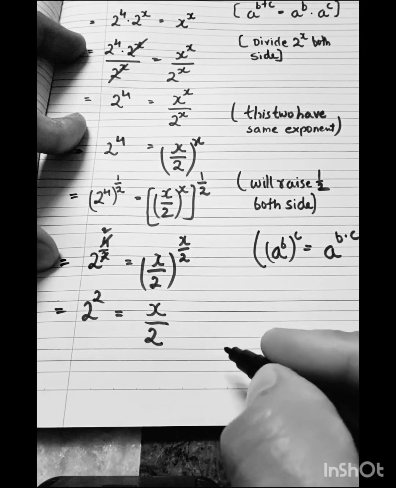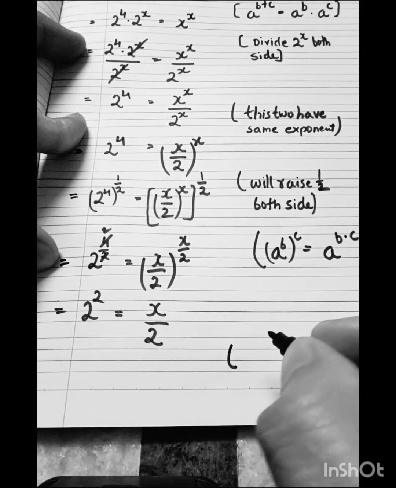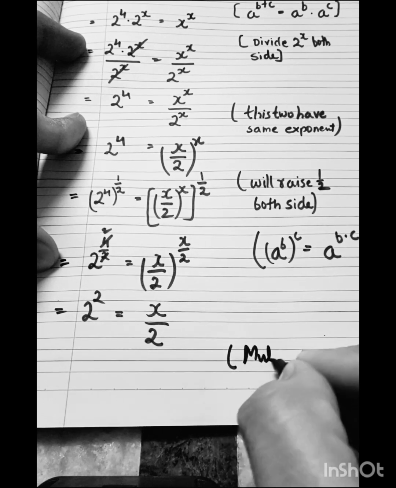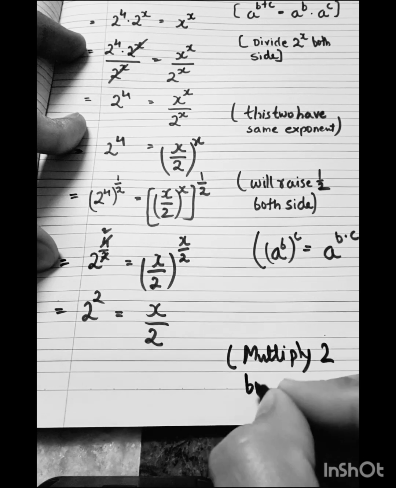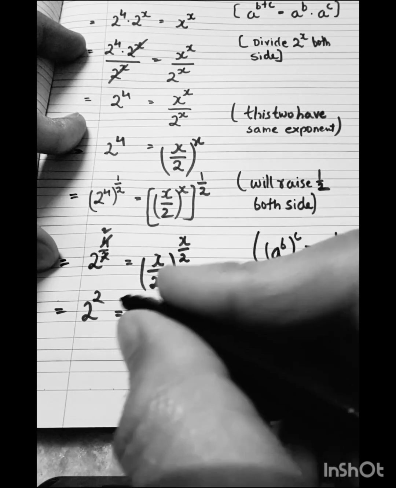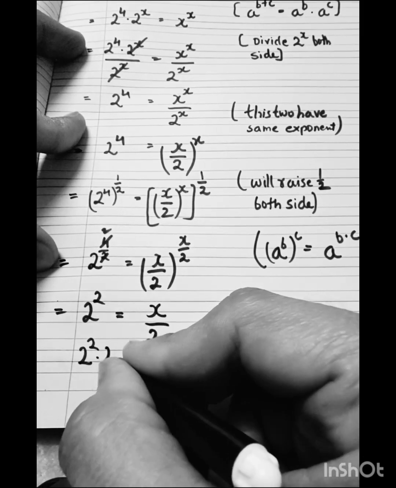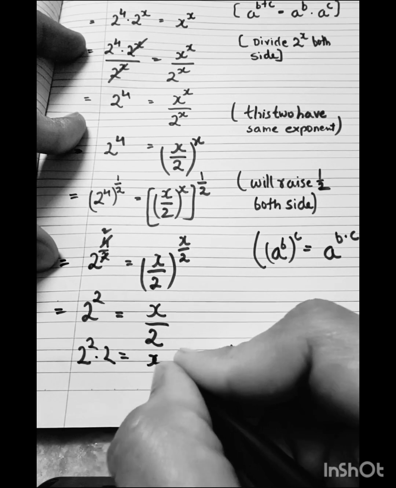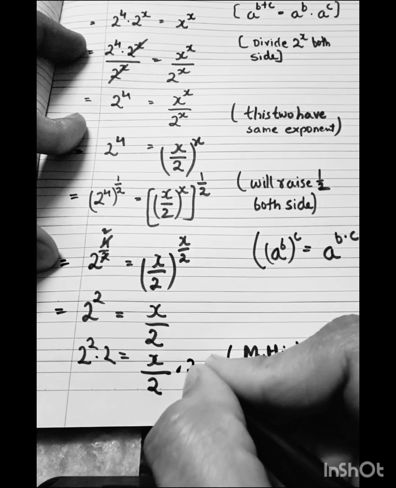Now multiply both sides by 2. So what will we get? 2 to the power of 2 into 2 equals x into 2.